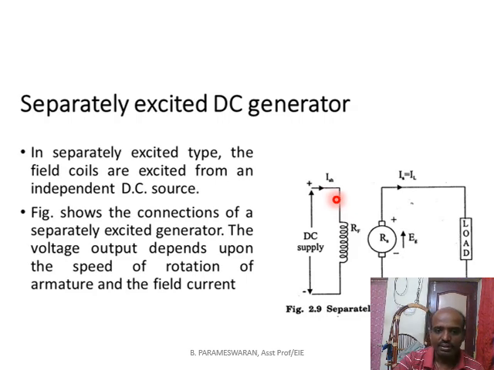The voltage is developed across the output side. The output voltage depends upon two things: the speed of the rotating armature and the field current of the field winding.